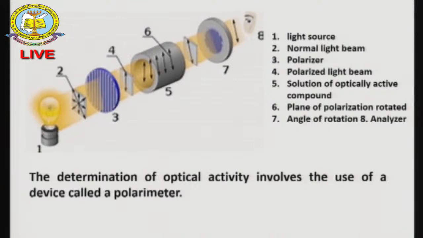So how do we convert normal light into plane polarized light? Generally, monochromatic light is obtained by passing light from a special light source like a sodium lamp.